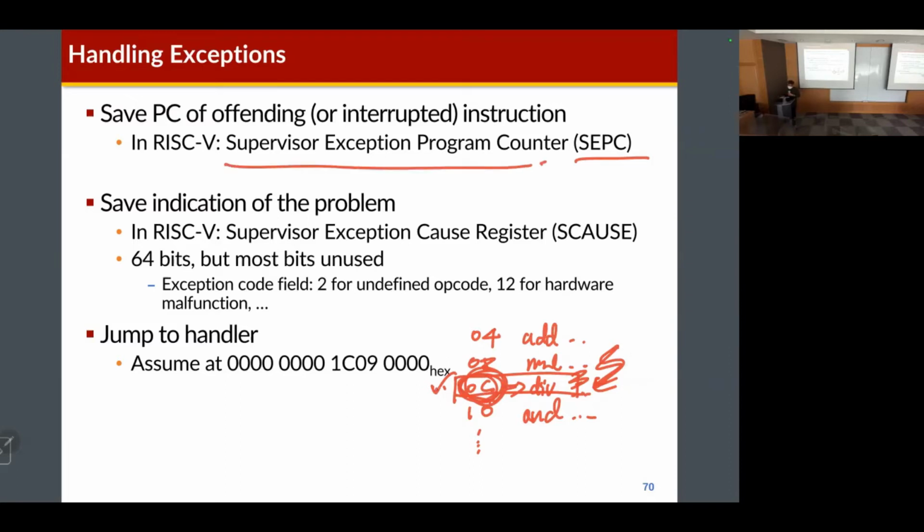And then, let us assume that the exception occurs at this instruction. Then what should we do?